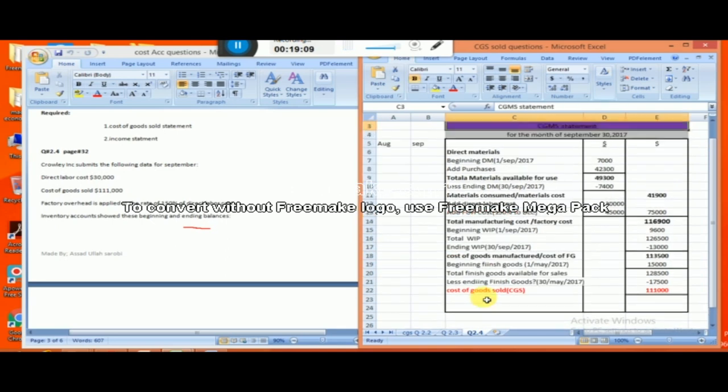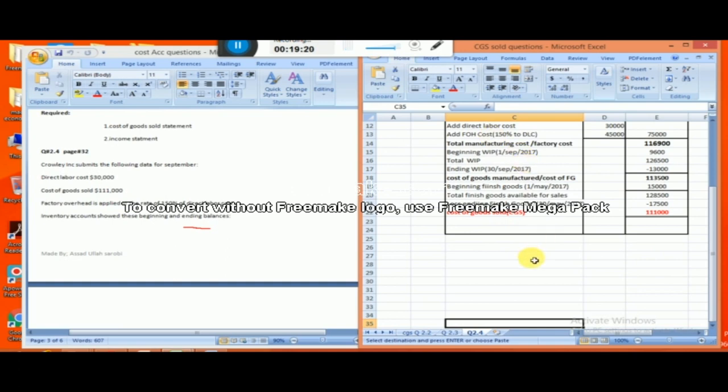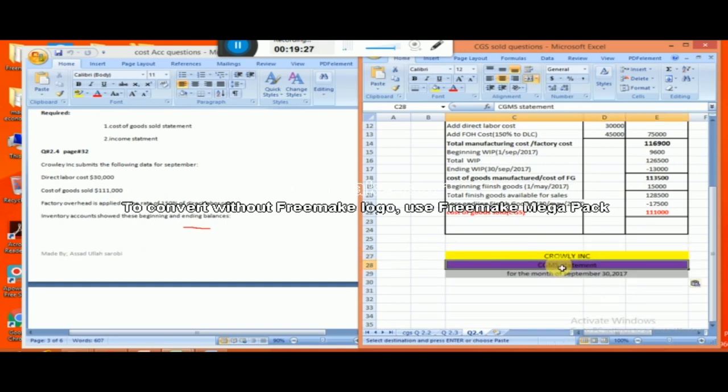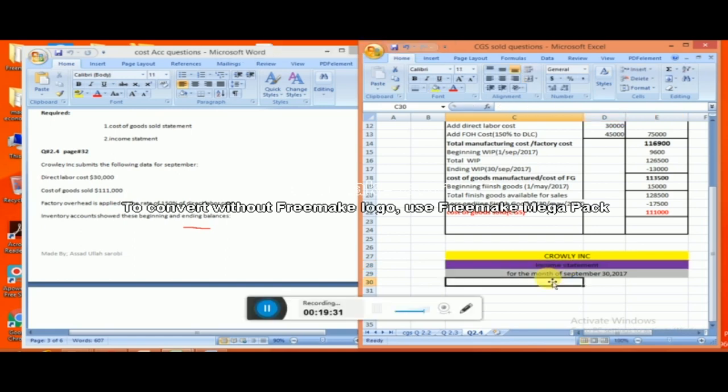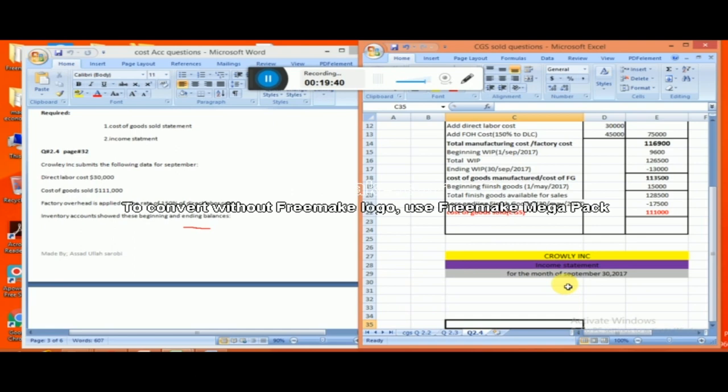I will first write the name of the company, then I will write the statement name. Just a minute. Look, this is our income statement for the month of September.